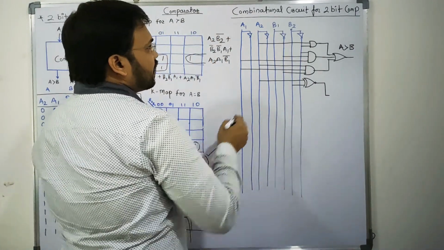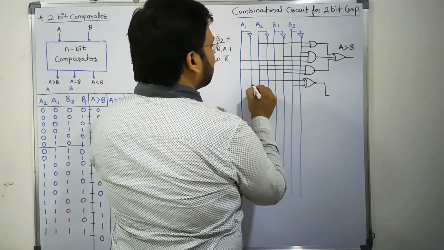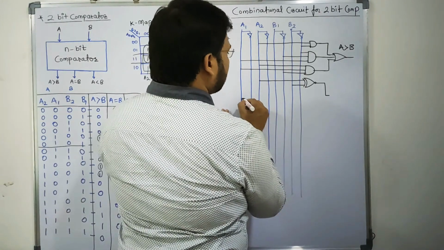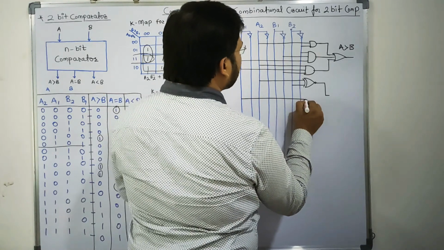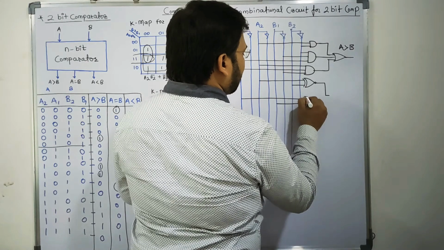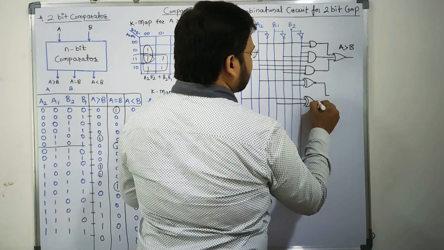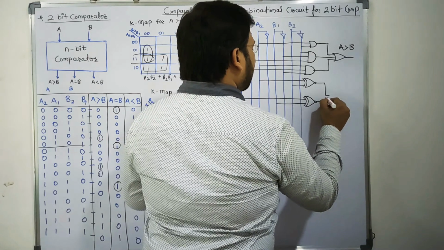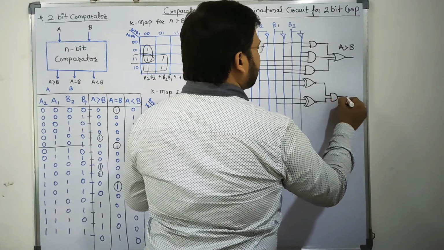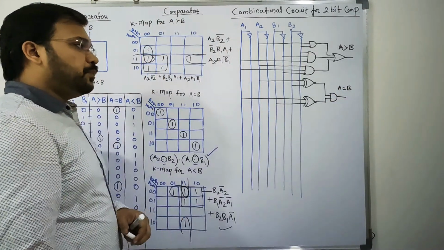Next A2 and B2, A1 and B1. This is the XNOR gate for this, and it gets connected to another AND gate, because the dot operation is performed. So it is A is equal to B.